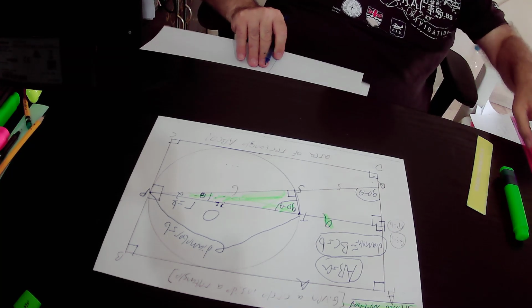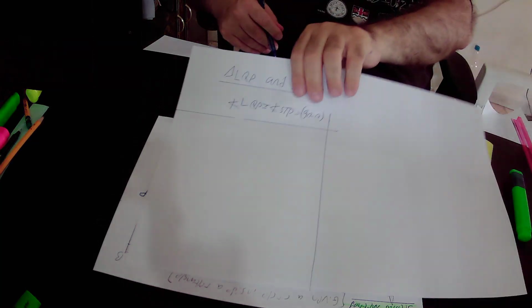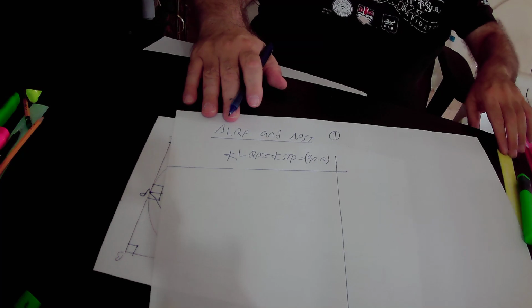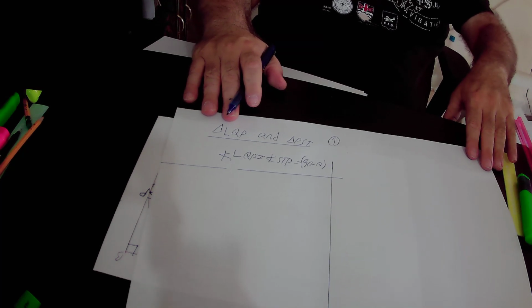Repeat again. Angle LQP equals angle STP. They are both equal to 90 degrees minus theta, therefore they are equal to each other.